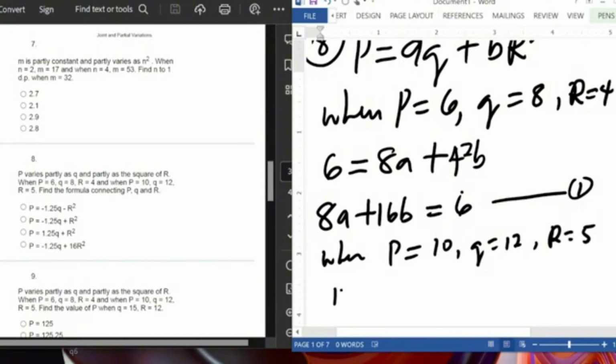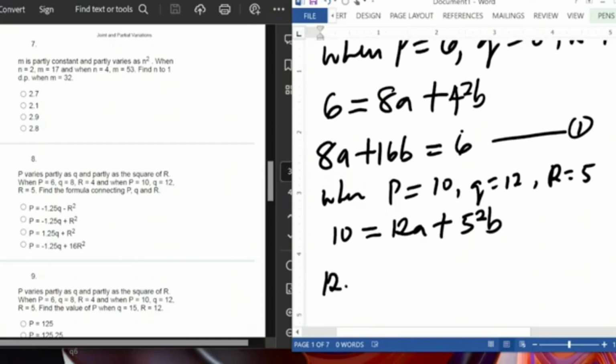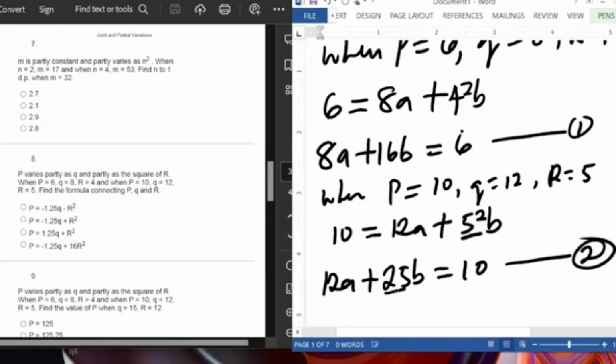So that's going to be 10 equals Q is 12, that is 12A, plus R is 5, that is 5 squared B. Which we can rewrite as 12A plus 25B equals 10. This will form our equation 2. 5 squared gives us 25, that's how we got 25 here. 4 squared gives us 16, that's how we got 16 here.